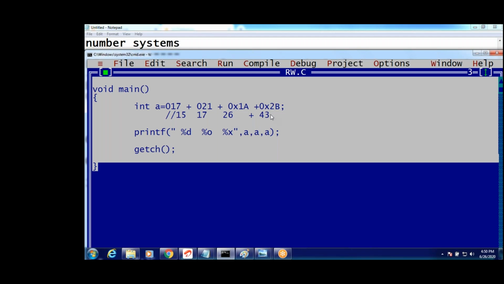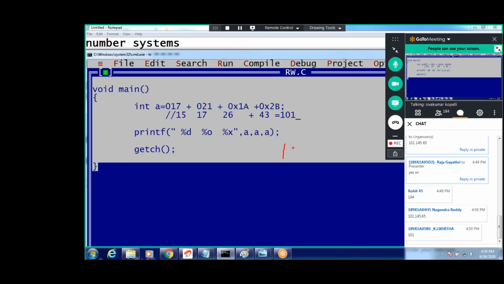For octal, divide by 8: one time, remainder is 5. Then again by 8: one time, remainder is 4. So 145 is octal.